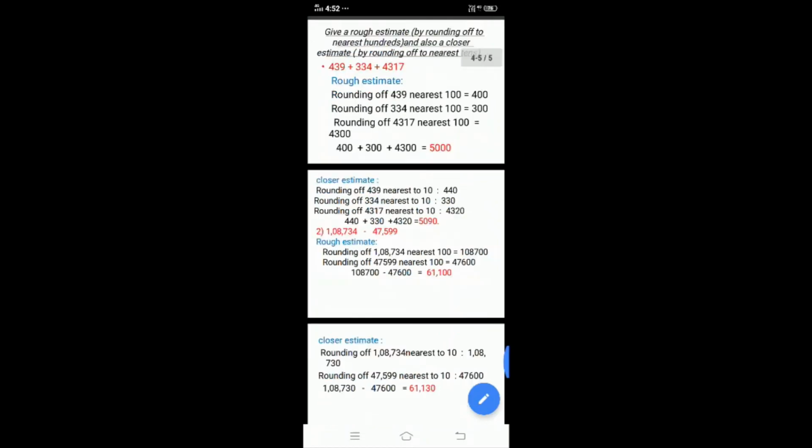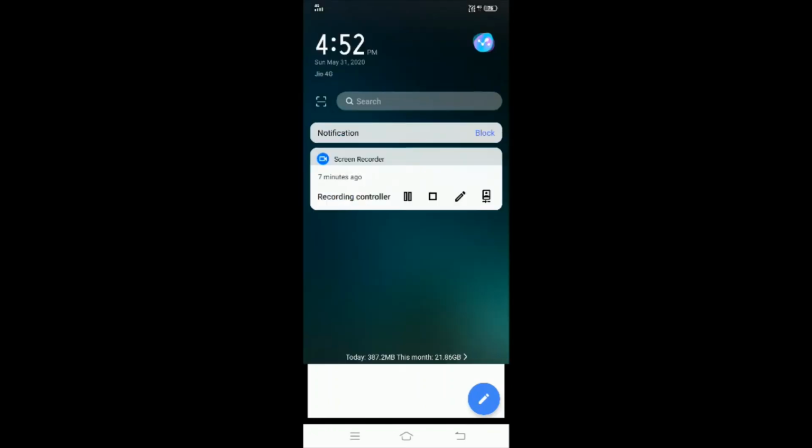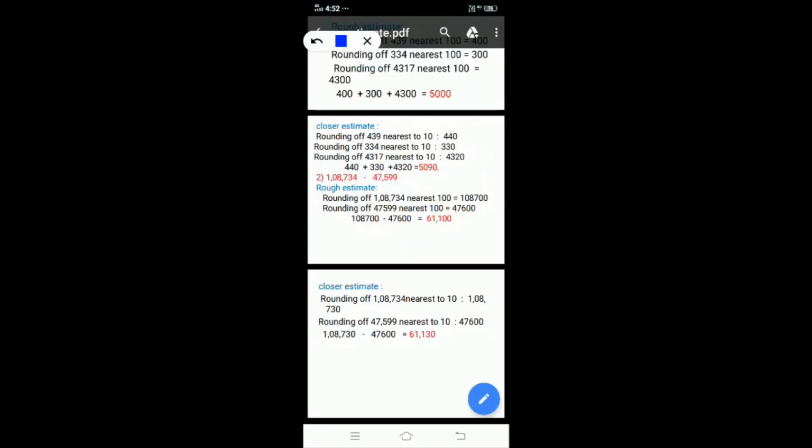Okay, now see, this is the last point of today's session. The last point is the closer estimate. In the closer estimate, for 1,08,734 you have to round to the nearest 10, which means you compare the ones place number, which is less than 5, so it becomes 1,08,730.